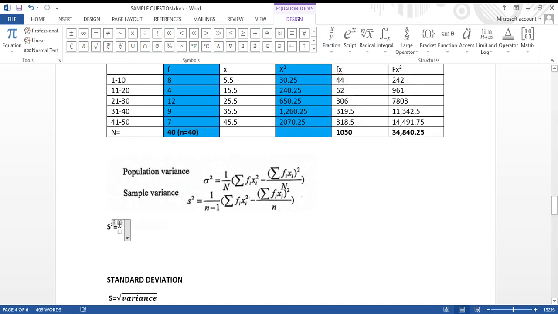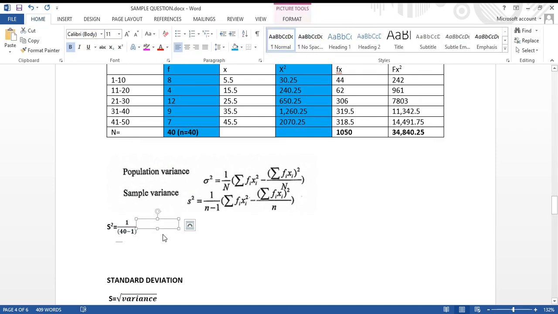So we have 1 over n, where n is 40, so it's 40 minus 1. N represents our total frequency. Then we open brackets, the summation of f times x squared.